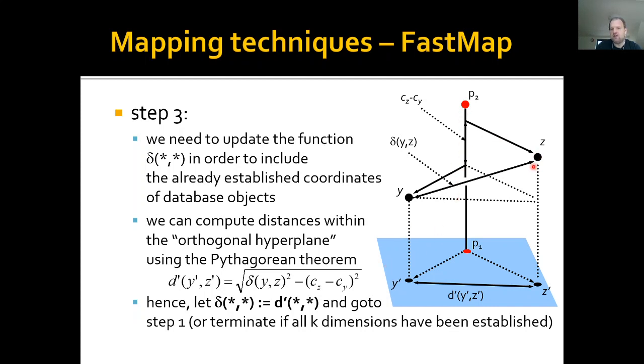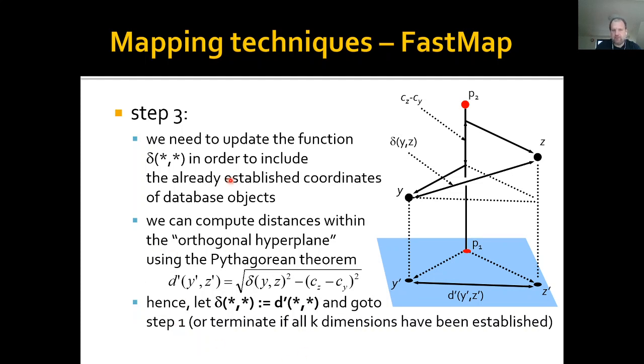So we need to only choose from representations of the objects that are in this orthogonal plane here, or plane in this case, but it's an orthogonal subspace in general. So we will do it by the Pythagorean theorem. So we will project everything using the distance into the orthogonal plane, and then we'll freely work within this plane using this d prime, not the original delta. And then we go to step 1 and everything repeats again.